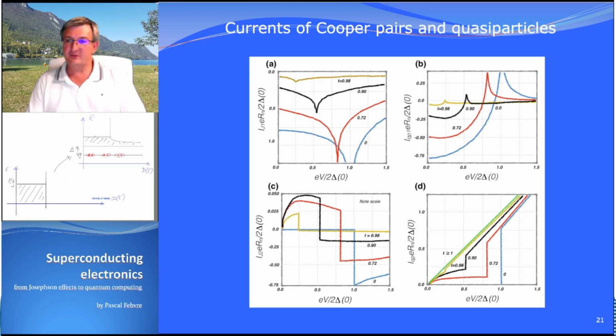And this curve corresponds to this out of phase current, which usually is not very important at low temperature, at low voltage, but which becomes important at the gap energy.